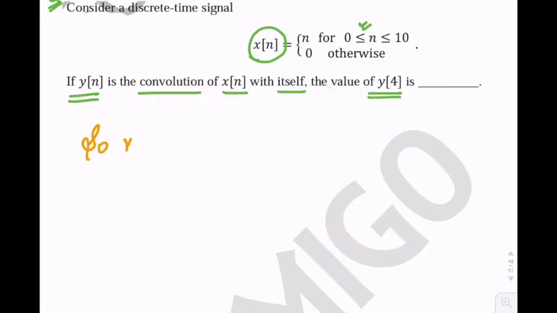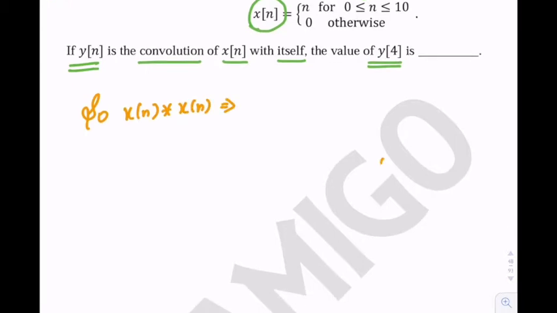x[n] convolve x[n] will be equal to, so the values are 0, 1, 2, 3, 4, 5, 6 and so on, and 0, 1, 2, 3, 4, 5, 6 and so on.